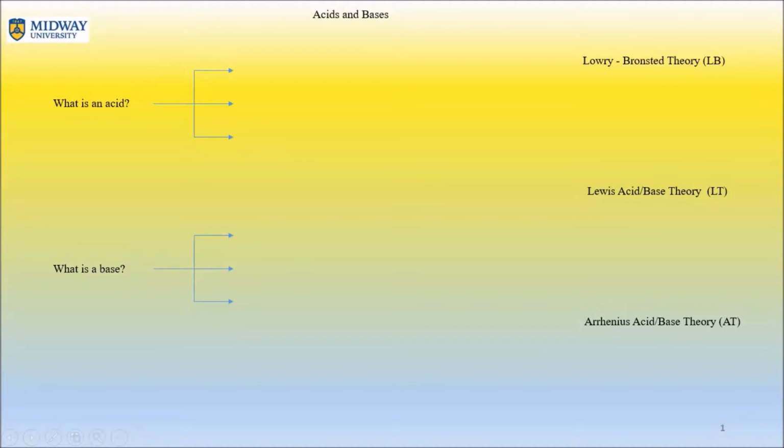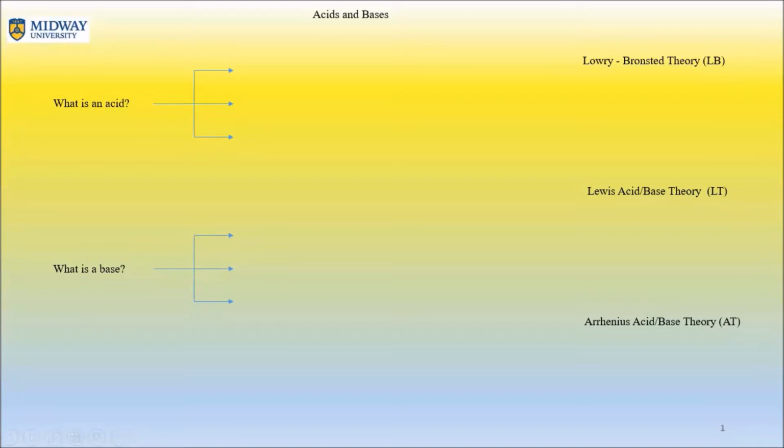Lewis acid-base theory is something we're going to come back to once we have completely finished up with Lowry-Bronsted. Arrhenius acid-base theory is fairly simple, and that's the first one we're going to wrap up before we get deep into Lowry-Bronsted, because we're going to be on it for a while, and then we're going to wrap up the big umbrella of acids and bases with Lewis acid-base theory.